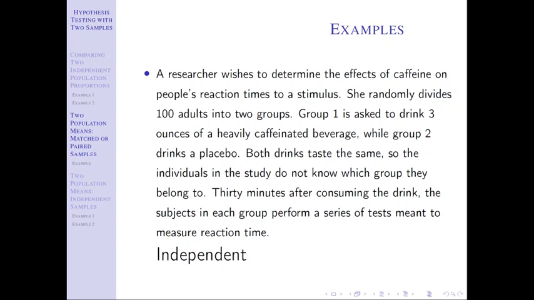How does it work? What we are going to do is take each sample, and because each observation in the sample has a partner, we're going to subtract one from the other to create a third group.